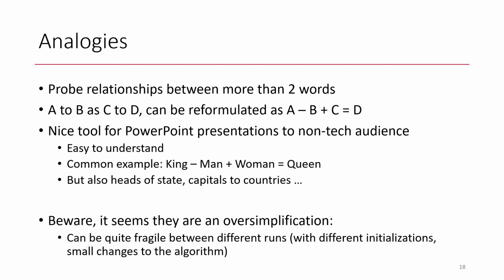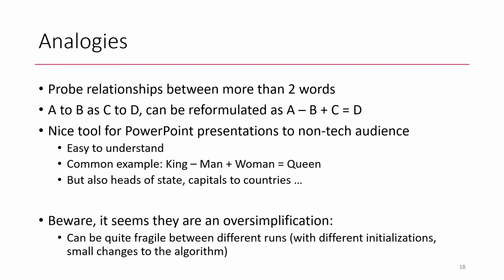Another common tool that's especially suited for non-technical audiences is to probe the relationships between more than 2 words with analogies. So we want to say A is to B as C is to D, which can be reformulated as A minus B plus C equals D. It's kind of easy to understand, right?